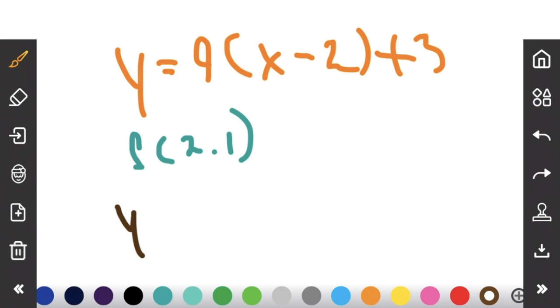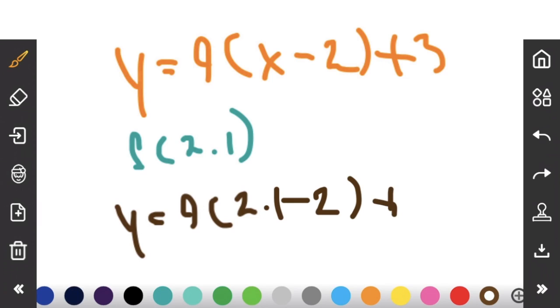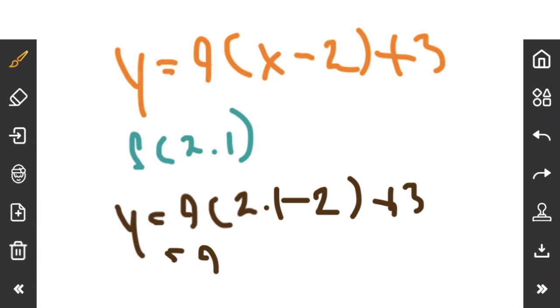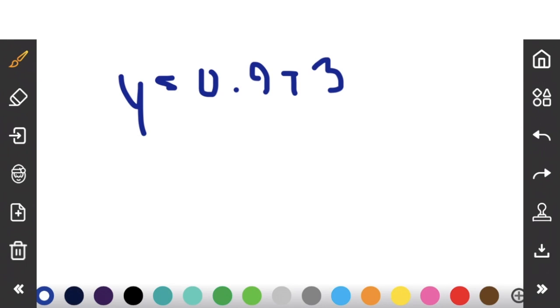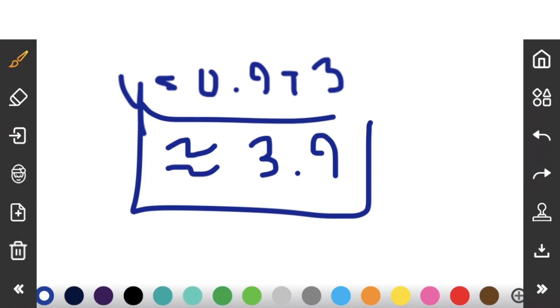Y equals 9 times 2.1 minus 2 plus 3, so it equals 9 times 0.1 plus 3, which equals 0.9 plus 3, which equals approximately 3.9. So this is your approximation.